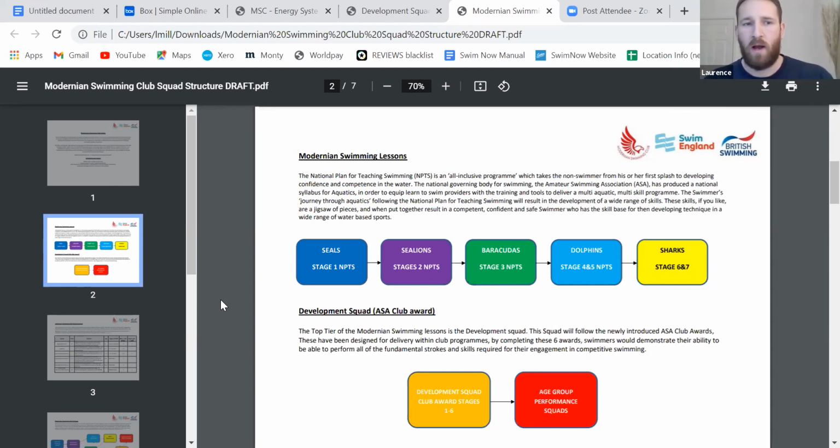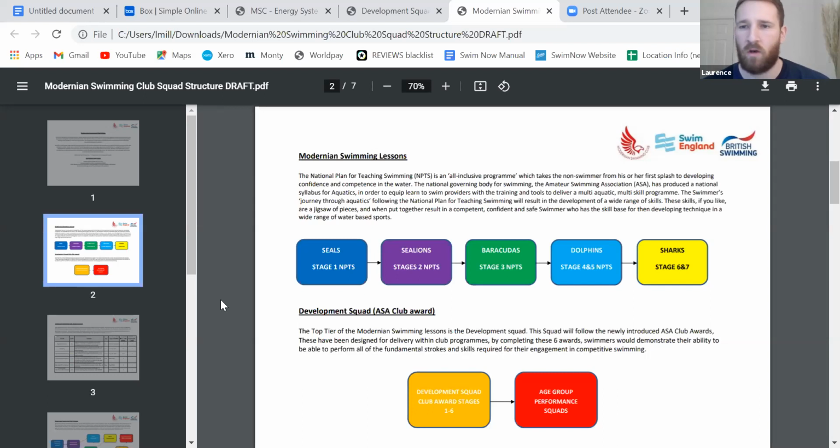We talked about yesterday with Noel, how are you making sure that there is freedom within the session for the coach to be them and put their spin on it, but also follow some guidelines and some rules? And I think this is excellent, because when they're writing their session, they can look at the ASA Club Award. How many of these points am I ticking? How does this session weigh up to what this Club Award is asking for?